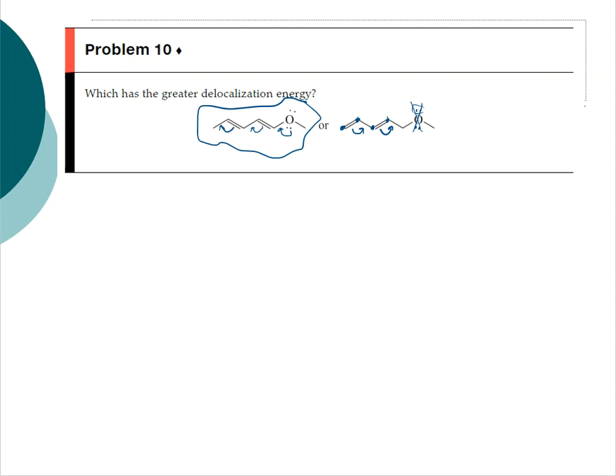It can stabilize it much better, because if you look at the two, we pretty much are comparing similar carbons, similar hydrogens, similar oxygens, right? These are not drastically different molecules. So the one to the left would have greater delocalization energy because delocalization happens in more places. That is what problem 10 is about.